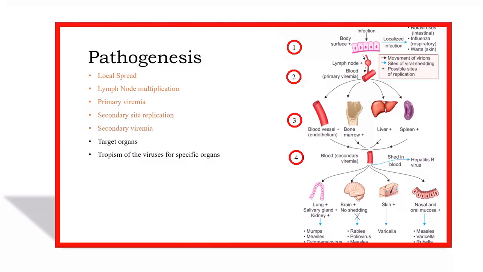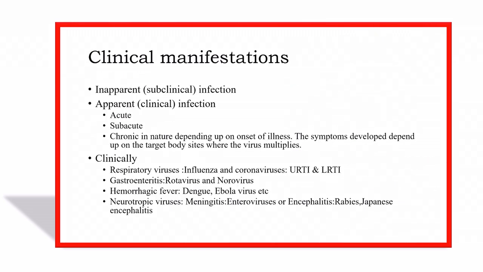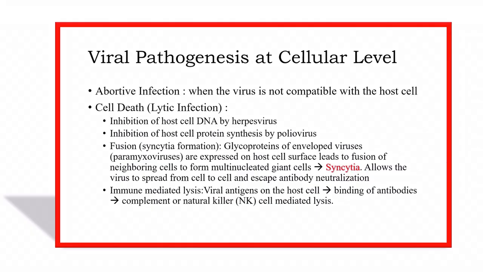From there, the infection reaches the target organs, and we also understood that certain viruses have an affinity for certain cells. That property is called cell tropism, for example, some viruses attach only to the lymph nodes.